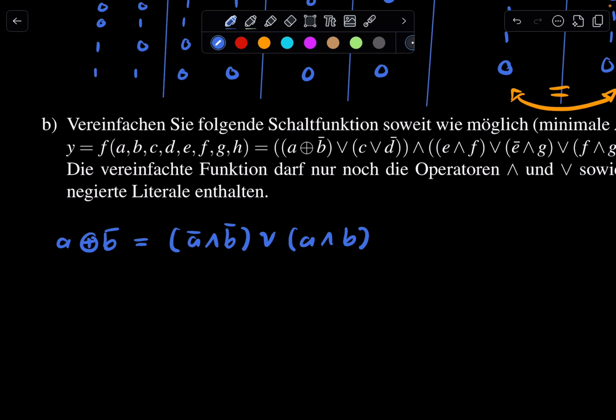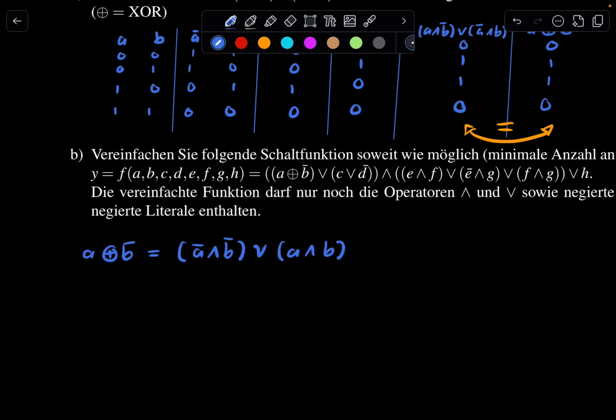Let me just check it real quick. I already solved this, but I'm just reviewing it for my study session. Yeah, here it is. That should be correct.